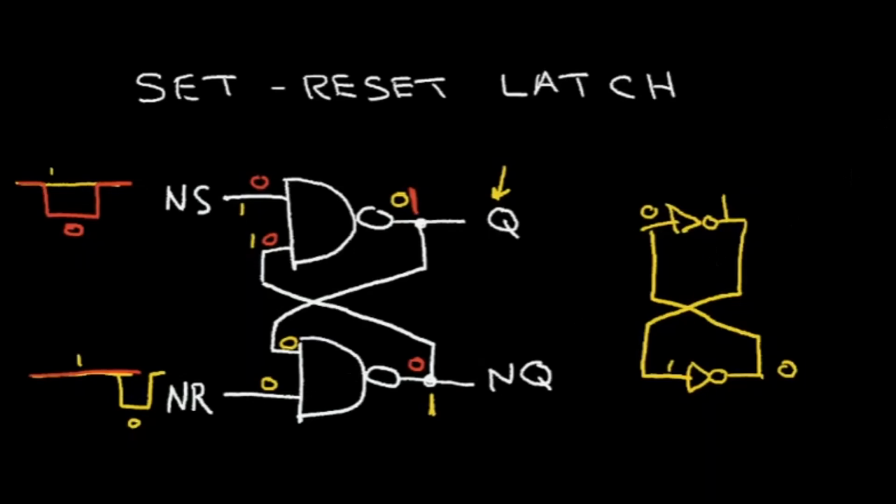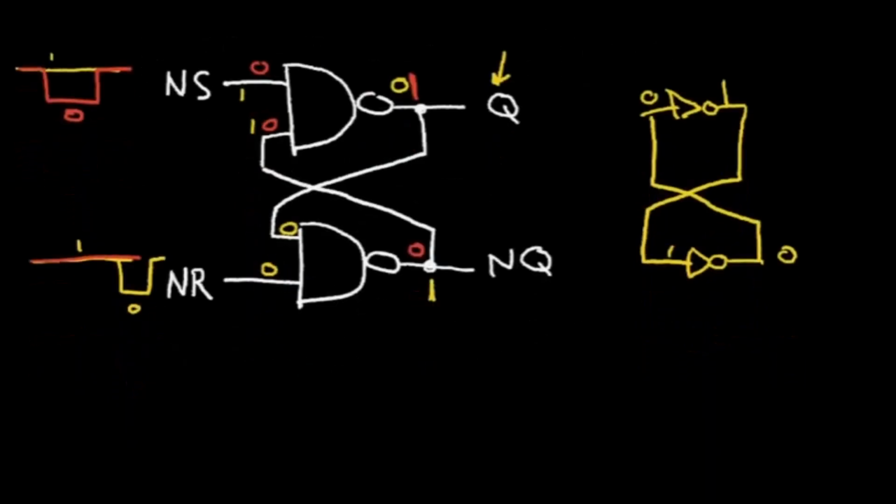Okay, so I assume you've given it a shot, and let's do this SET-RESET latch using NOR gates. So let's make this a 2 input NOR gate, and like the NAND gate, let's draw another NOR gate down here. Let's connect this output to this input.